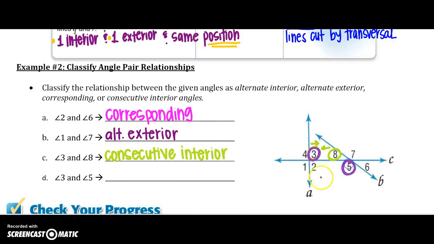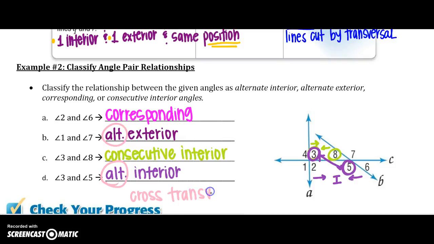They're both on the interior, so I need interior. And they cross that transversal line, so I need alternate interior angles. Remember, when you use the word alternate, you're crossing the transversal. And consecutive just means on the same side.